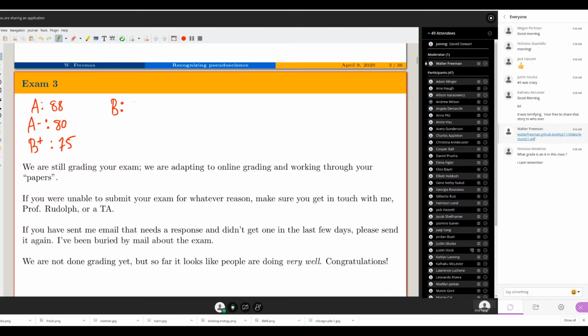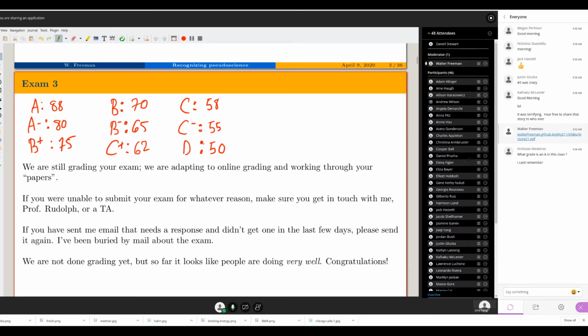A B is a 70. A B minus is a 65. A C plus is a 62. A C is a 58. A C minus is a 55. A D is a 50. So that's the grading scheme.